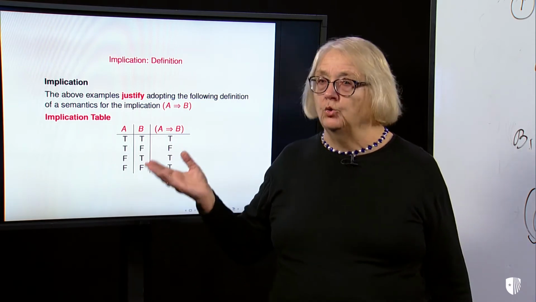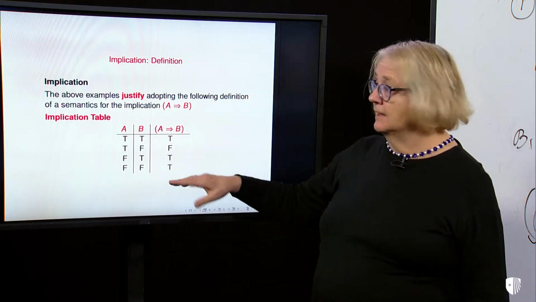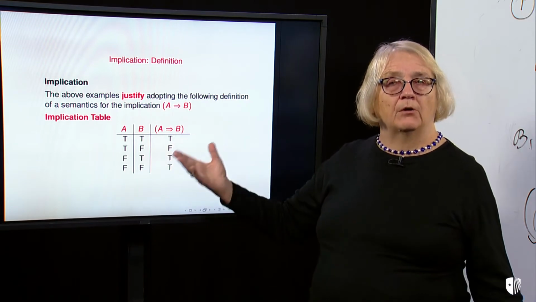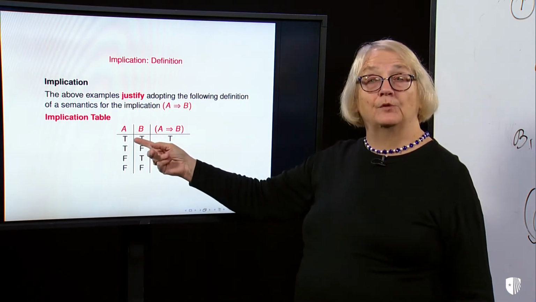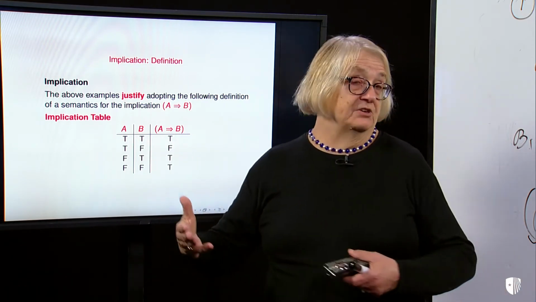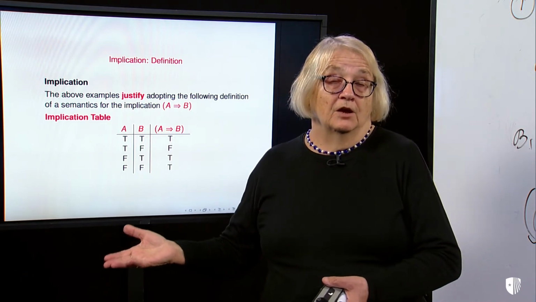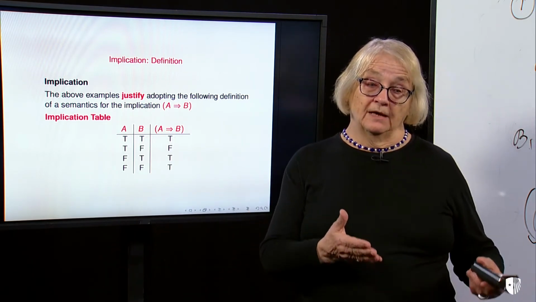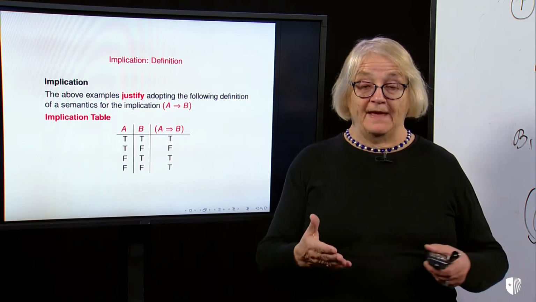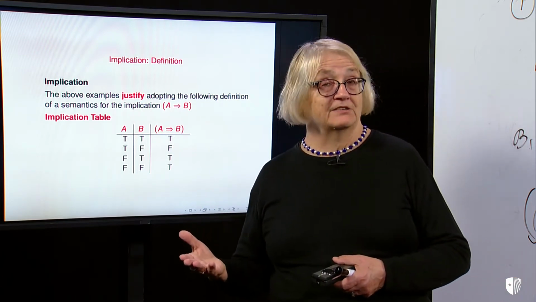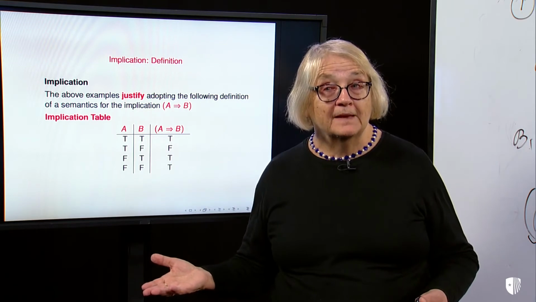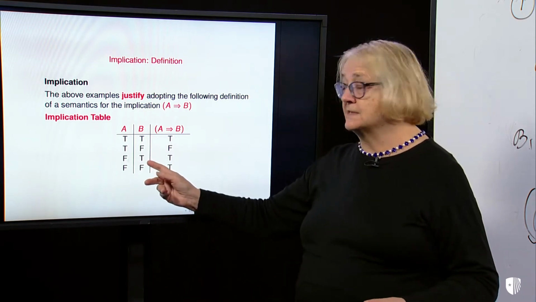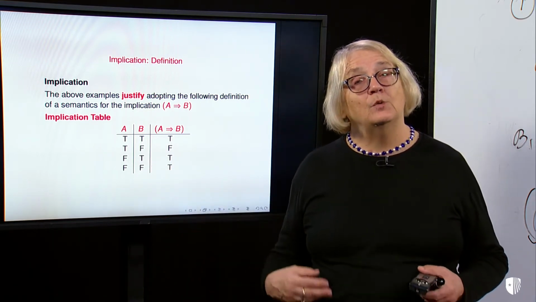Now, to accept it, this is quite obvious: nobody would argue that true implies true is true. Nobody would argue that if you have true, then it implies false is false. But those other two cases are questionable.